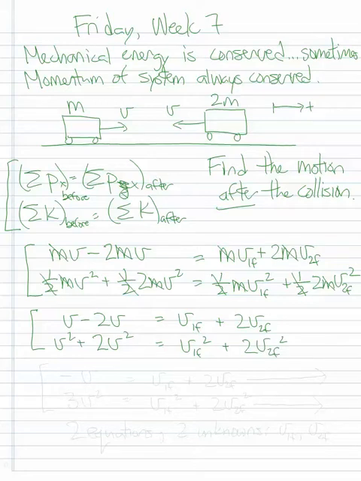Okay, I'll simplify one more time, and the left side just becomes minus v1f plus 2v2f. And let's see, 3v squared is v1f squared plus 2v2f squared.